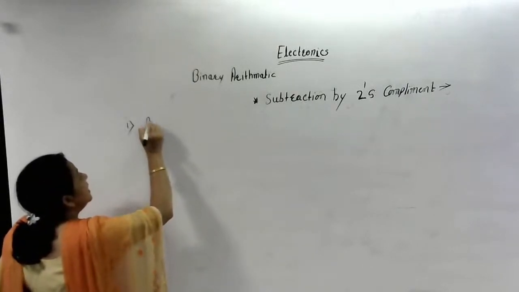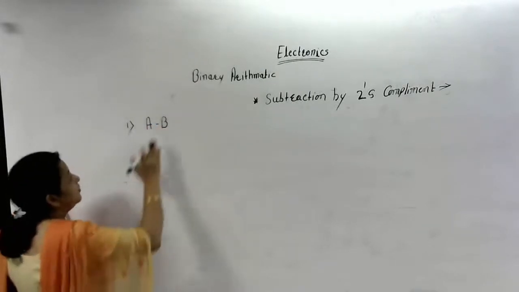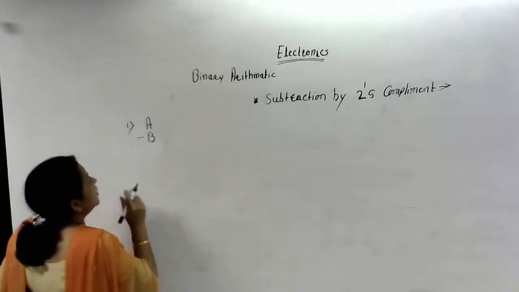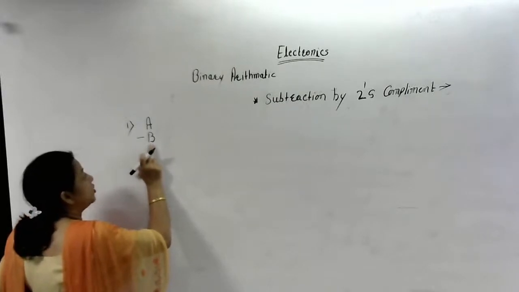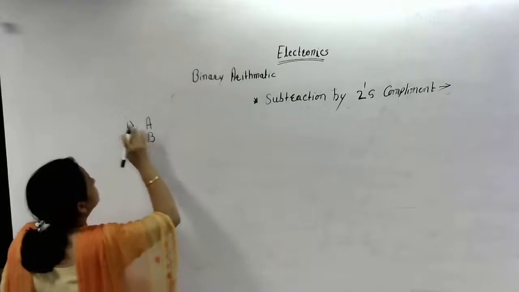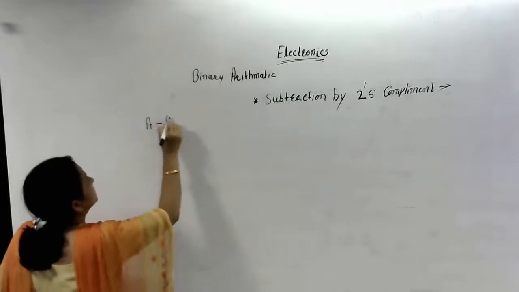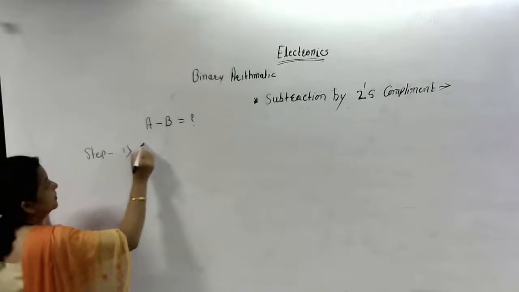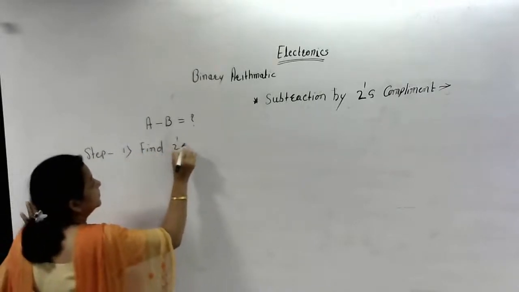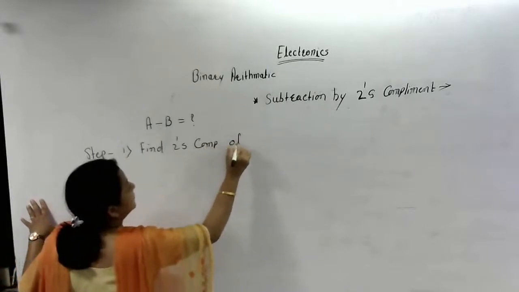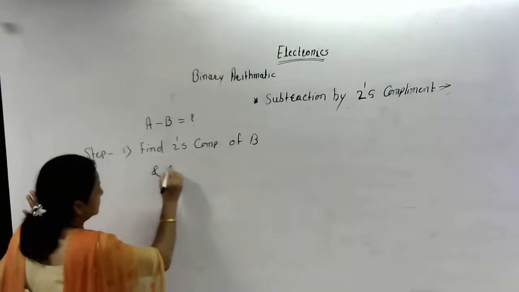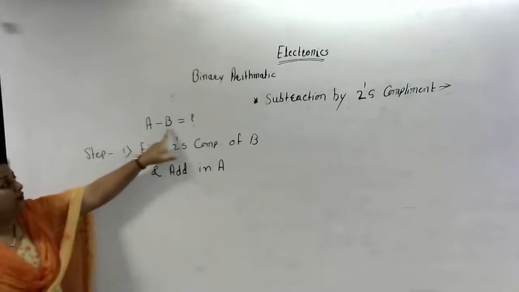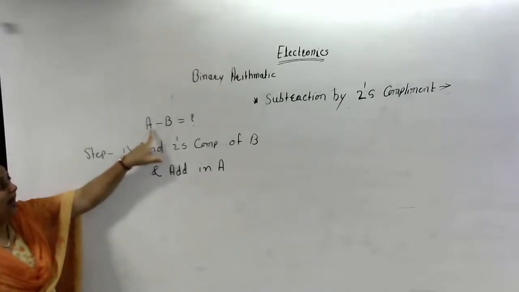Suppose we have to perform A minus B. In the first step, we find the 2's complement of number B, and add it to A.